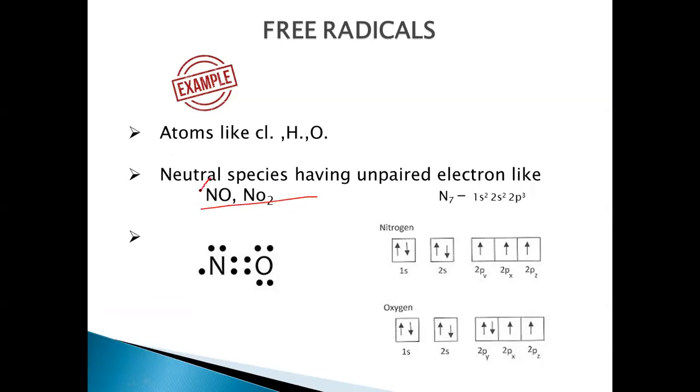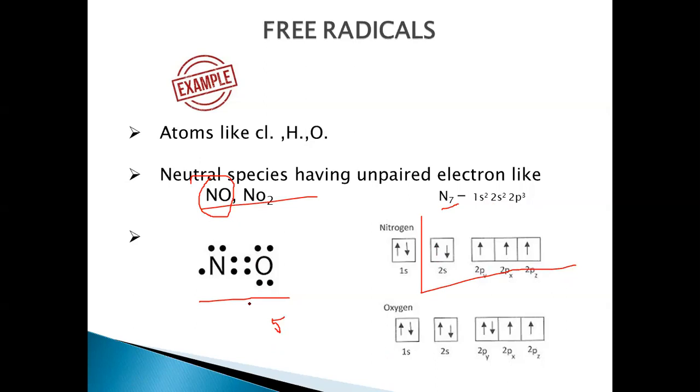Talking about NO, that is nitric oxide, when we look at its Lewis dot structure, the atomic number of nitrogen is 7, so the configuration is 1s2, 2s2, 2p3. The outermost shell has 5 electrons, so nitrogen contributes 5 valence electrons.